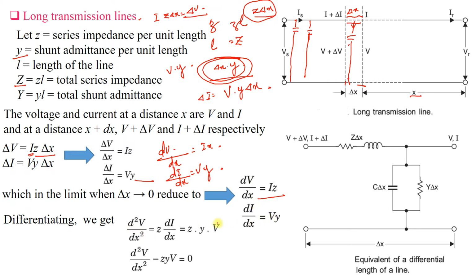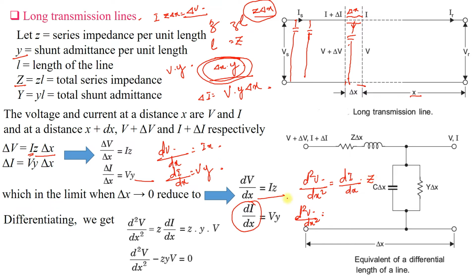From here, if you differentiate once again with respect to x, we get d square V by dx square. If you differentiate this expression with respect to x, d square V by dx square will be equal to dI by dx into z, because I is the variable here and z is constant.